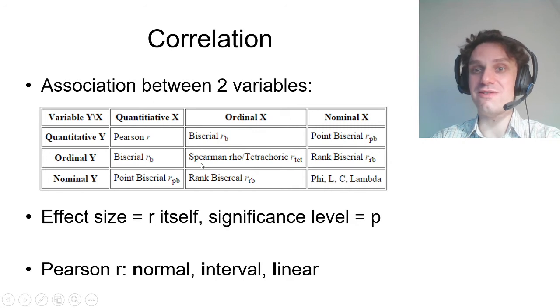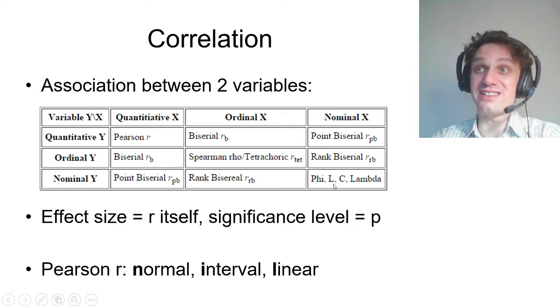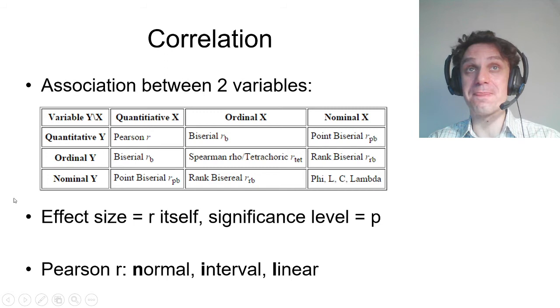Most notably, if you can only assume that both of your scales are ordinal, you will use Spearman's rho, which is basically Pearson's correlation, but calculated based on ranks rather than based on your raw data. And for nominal variables, there are also special types of correlation, like Guilford's phi for 2x2 tables, etc.